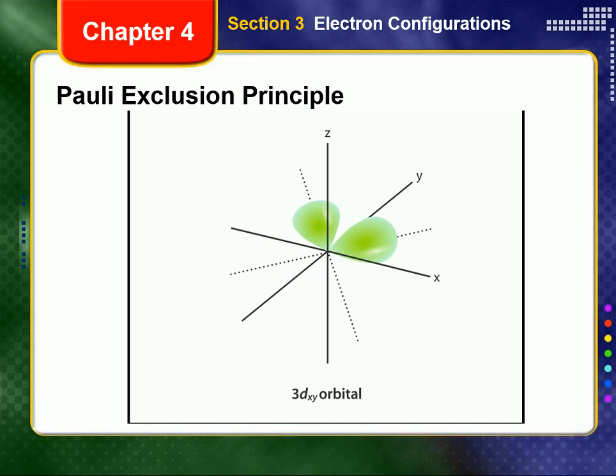But each orbital holds 2 electrons. So how can we distinguish between these electrons? The spin quantum number distinguishes between 2 electrons in the same orbital. Each electron is labeled with a spin number of either +1/2 or -1/2. The 2 electrons in the 3dxy orbital have different spins.